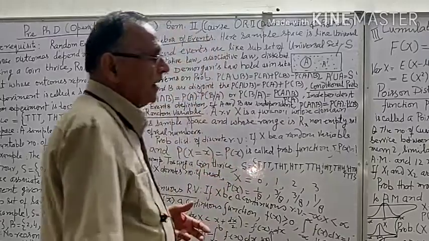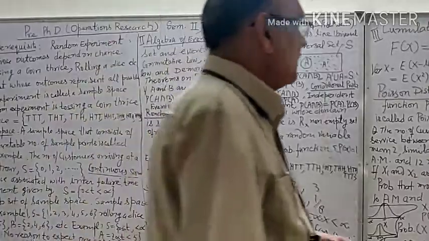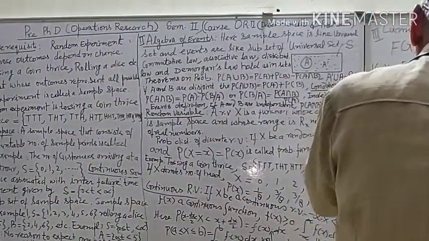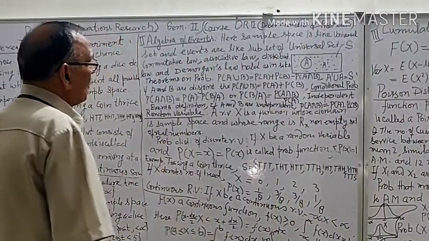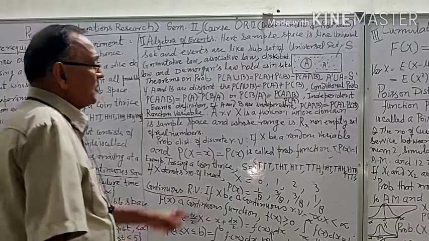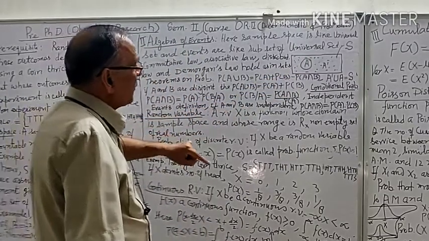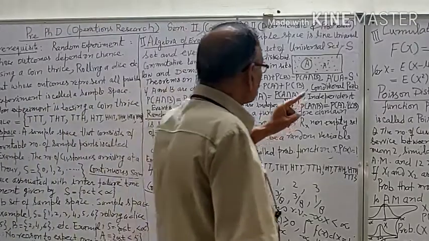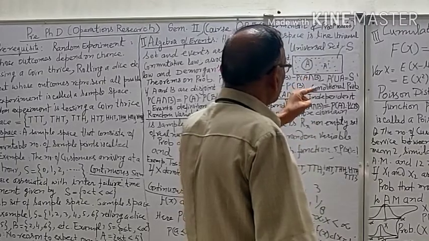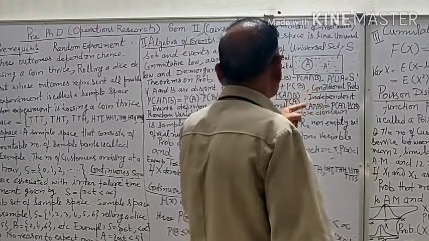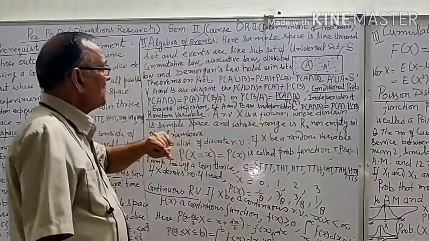And as we define the complement of a set with respect to the universal set, similarly here we have the complementary event, or complement of an event. Suppose A dash. This A dash is equal to the set of all x such that x belongs to the sample space but x does not belong to A. That part is the complementary event.